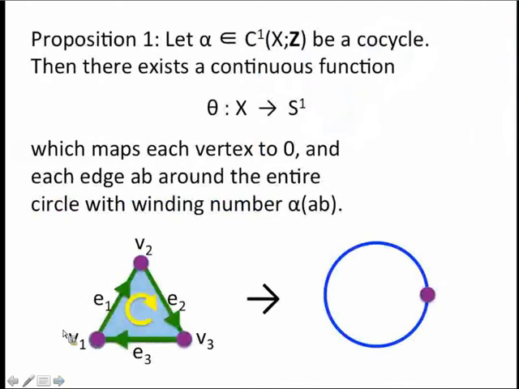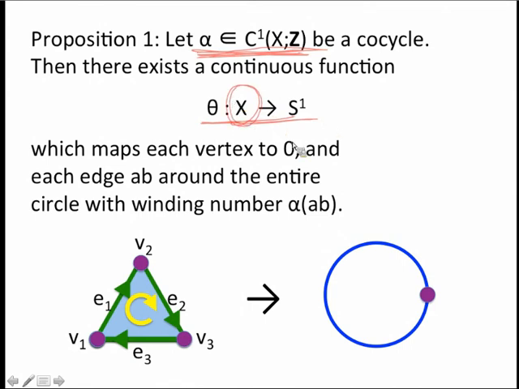So let's take a look again at getting our functions. Remember, we took a look last time that if I do have a cocycle, then I have a continuous function that I can extend to my entire space.